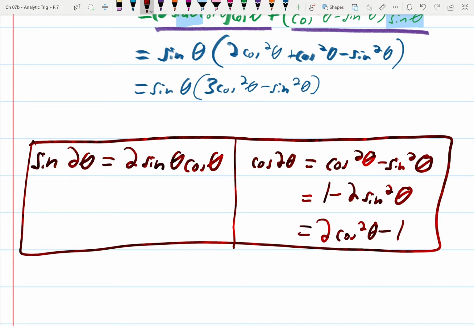Vertical line down. And you know what? I'm being a little compulsive in my head. I'm thankful I skipped a space here. I do want to take this and convert it to sines, because a good rule of thumb is that if you're doing an identity with sine 3 theta, it should only be in terms of sines. 1 minus sine squared. It's okay, I'll try to do it all in one line.